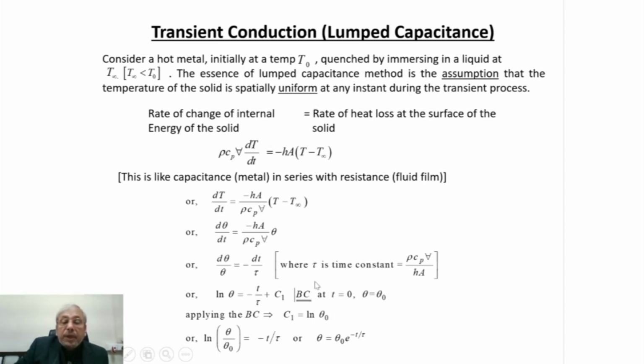So initially temperature was T naught everywhere. So theta is theta naught. Applying this boundary condition at t equal to 0, we can find C1 is ln theta naught, from where we can write ln(theta by theta naught) equal to minus t by tau, or theta equal to theta naught times e to the power minus t by tau.